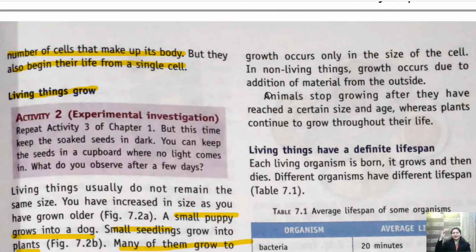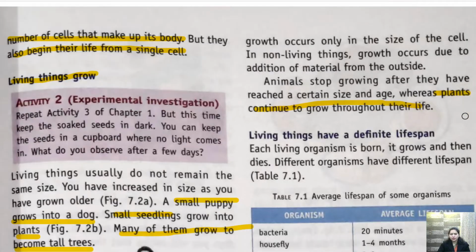At a certain age, our height stops. Okay, it stops to grow. But this is not the case with plants. Plants continue to grow throughout their life. Okay, though there are certain differences between living things, the basic main characteristic is the same, that living things grow. Okay.